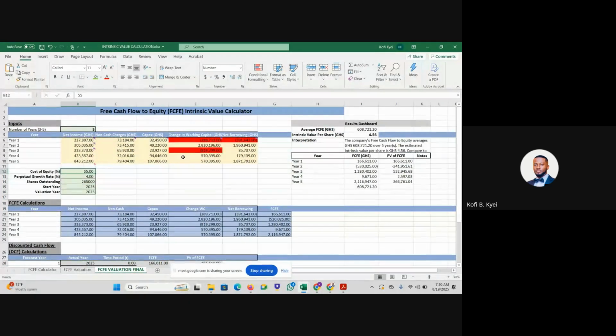And normally for banks or institutions like GCB, those well-managed institutions, when the cost of equity is high, the factors that make up the cost of equity, the perpetual growth rate, the beta of the company, all those risks form part of the cost of equity. So we have to make sure that we come up with a figure that will not affect our valuation.